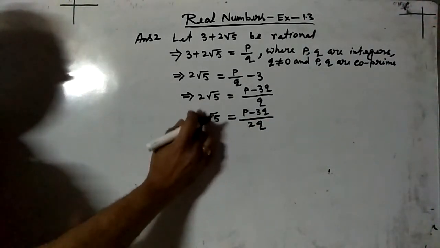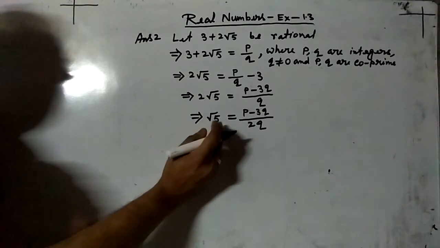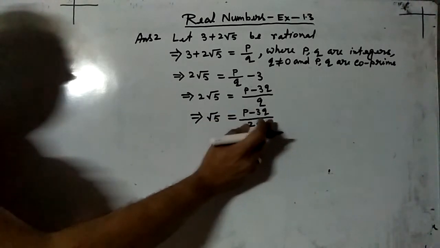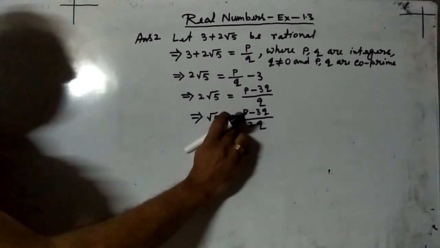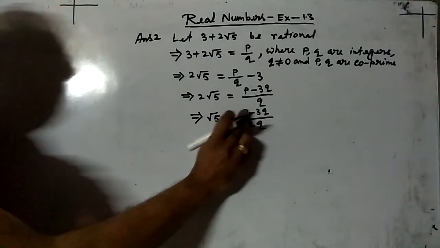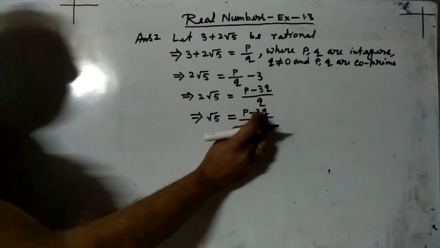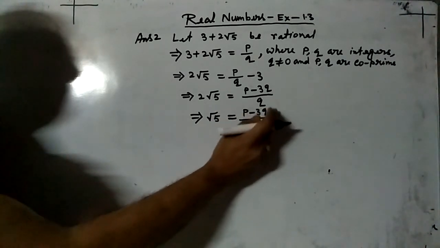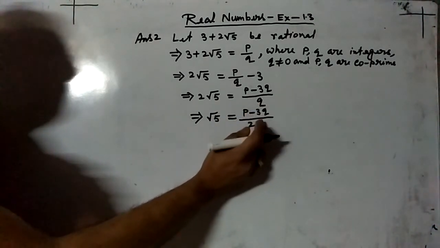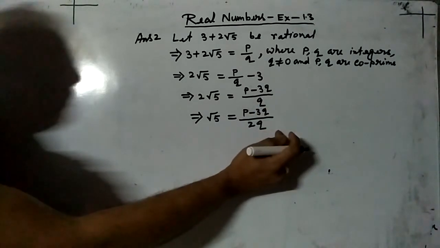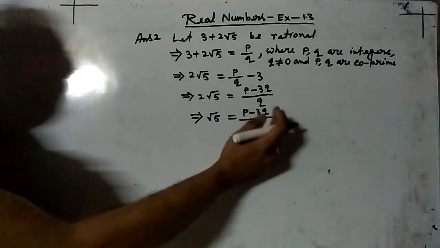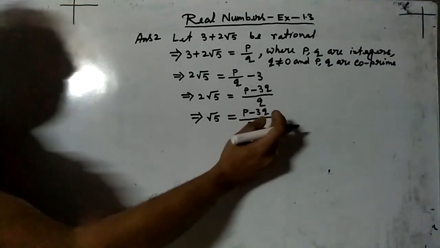Now we can observe the left hand side is irrational, but the right hand side is rational. Why? p is an integer, 3q is also an integer. Subtraction of 2 integers is also an integer. So the numerator is an integer and 2q is also an integer. So this is of p by q form. Any number in p by q form is a rational number.